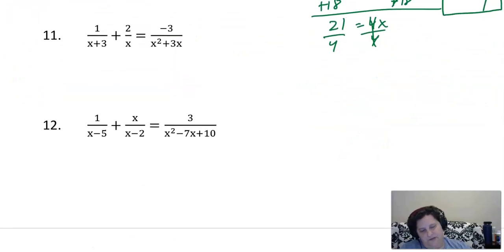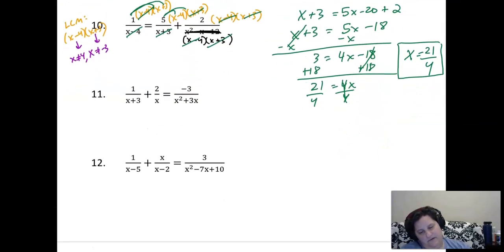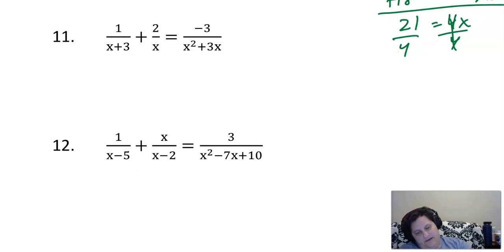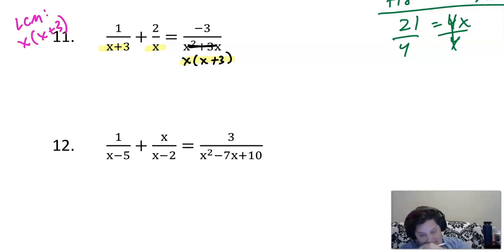Okay, cool. Let's look at number 11. If I factor this and I have x plus 3, when I look at all these, obviously my LCM is going to be x plus 3. So right here, I'm going to do x plus 3.